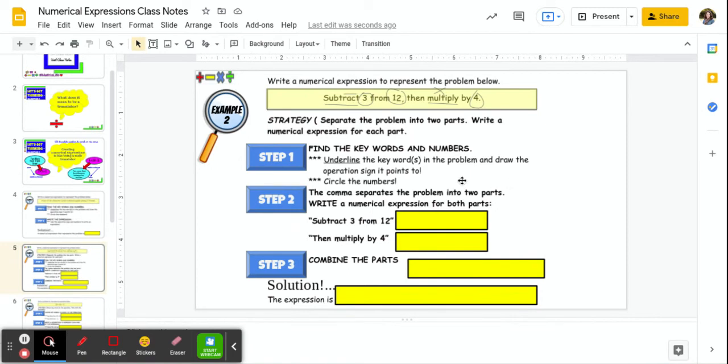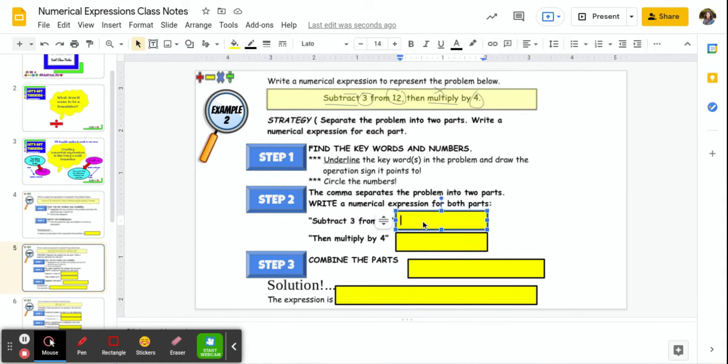Well, my step 2 tells me that the comma separates the problem into 2 parts. Let's write a numerical expression for both parts. My first part was to subtract 3 from 12. That makes it very clear that I'm going to have 12 and I'm going to lose 3. There we go. I have written a numerical expression for my first part.